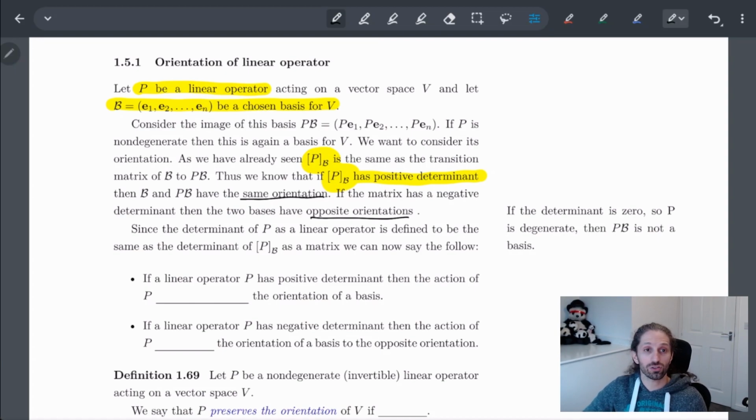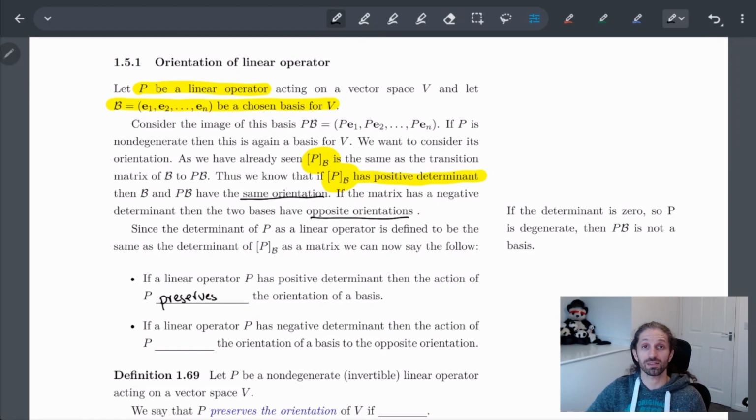Now, since the determinant of P, of the linear operator itself, is defined to be the same as the determinant of the basis, remember how it doesn't really matter, then what we have is precisely that if the linear operator P has a positive determinant, then the action of P on the orientation of a basis preserves the orientation of a basis.